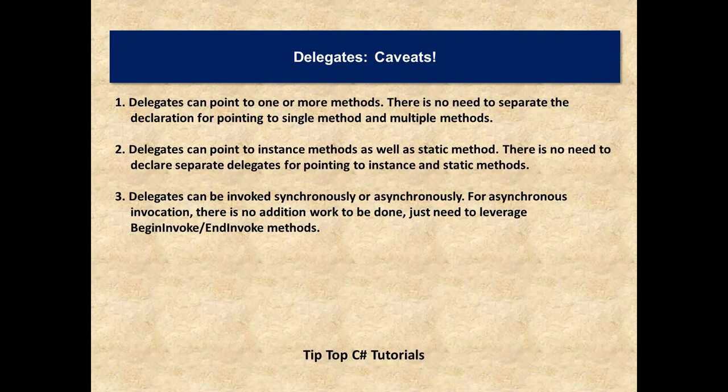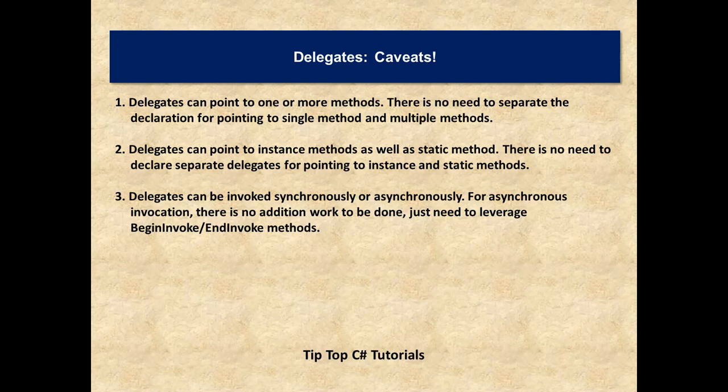The same delegate can point to one or more methods. The second point is a delegate can point to instance methods as well as static methods. The same delegate declaration can point to a static as well as an instance method at the same time, so you don't need to declare two delegates, one for static and one for instance. That is not required.